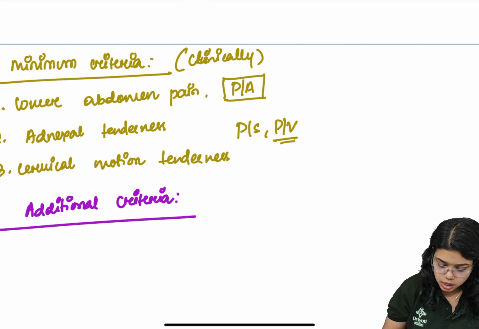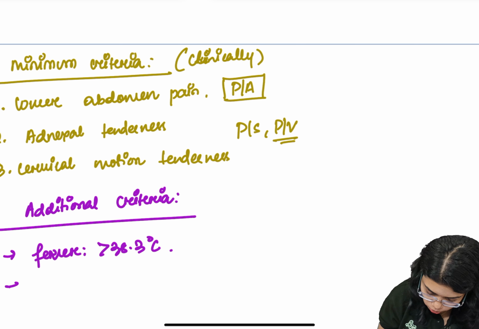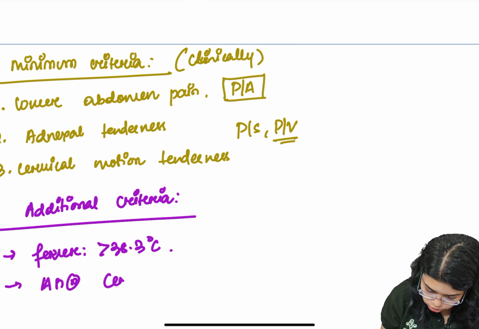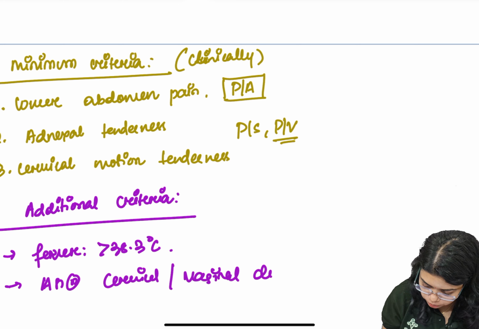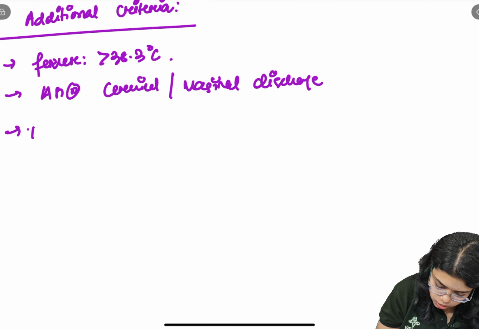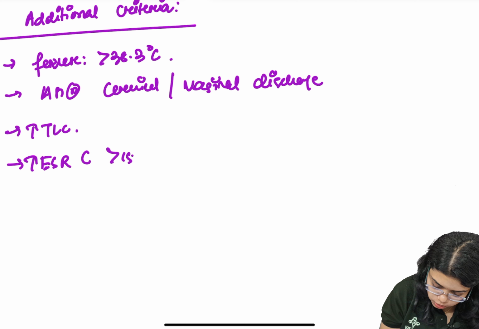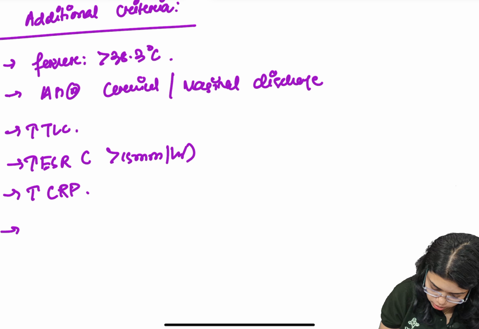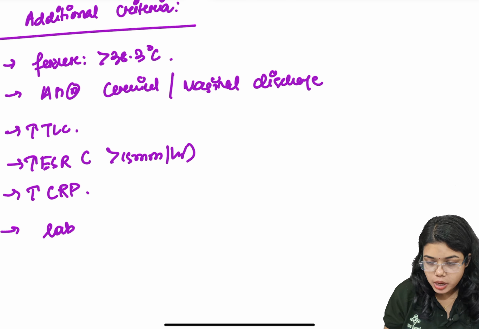In additional criteria, if there is fever more than 38.3 degrees centigrade or abnormal cervical discharge, then increase in WBC, increase in TLC, increase in ESR more than 15 mm per hour, increase in C-reactive protein, and lab documentation of either gonorrhea or chlamydia.